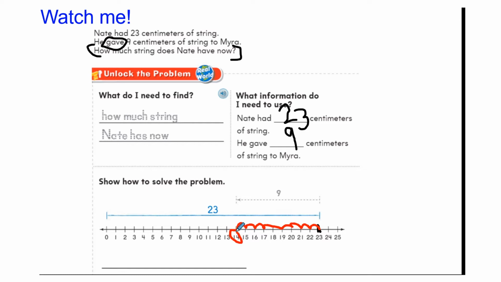Okay, so he ended up with 14. So we can write the problem here on the line. 23 minus 9 equals 14.